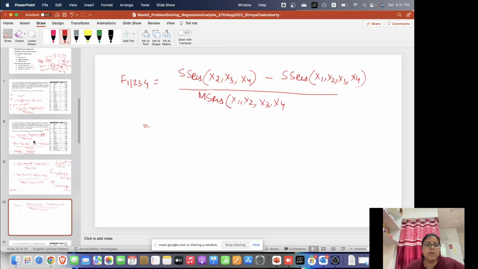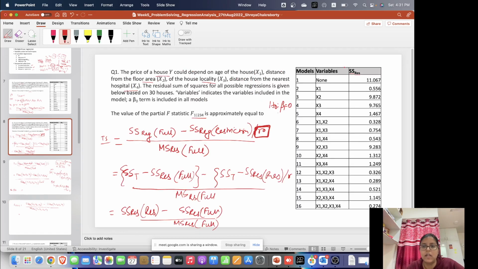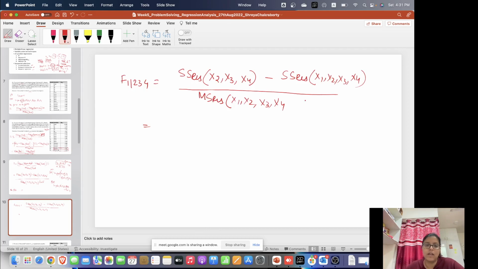From the table, what is SS residuals due to x2, x3 and x4? This value, 1.145, and with the full model it is this value, 0.274.